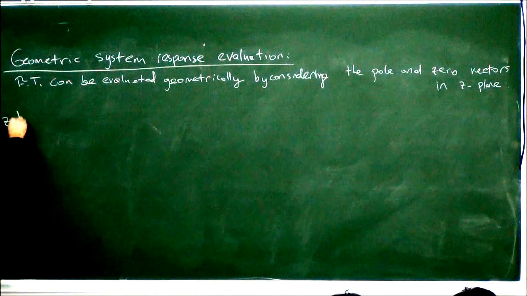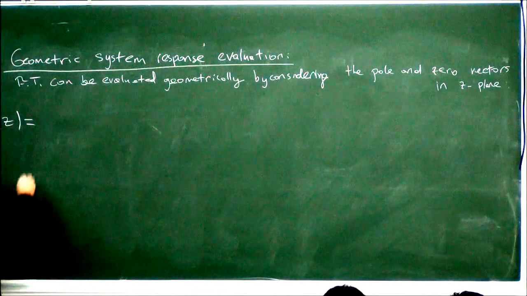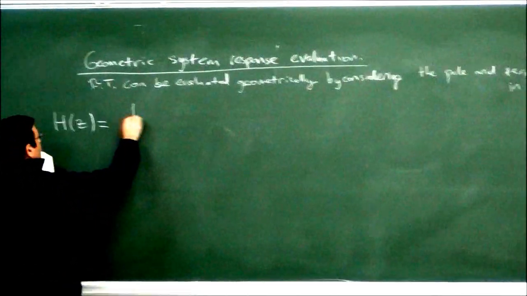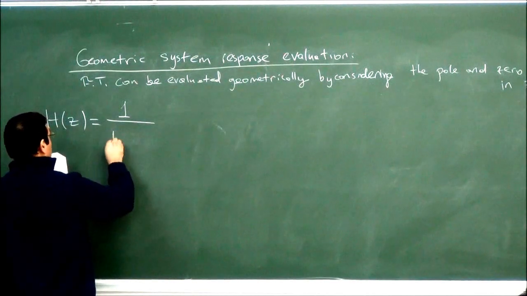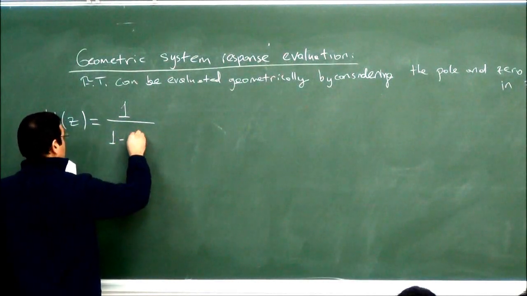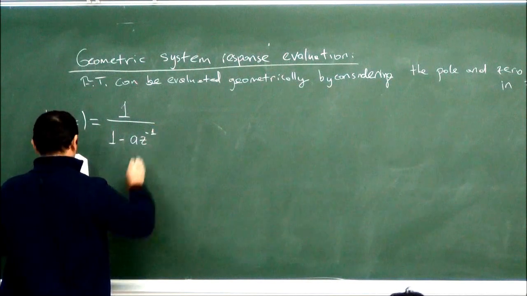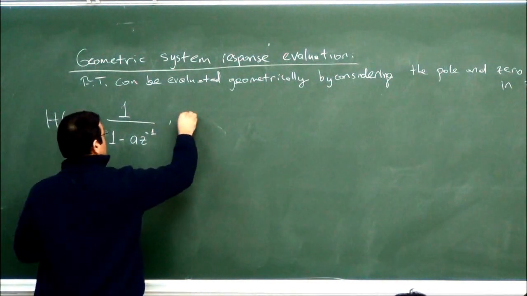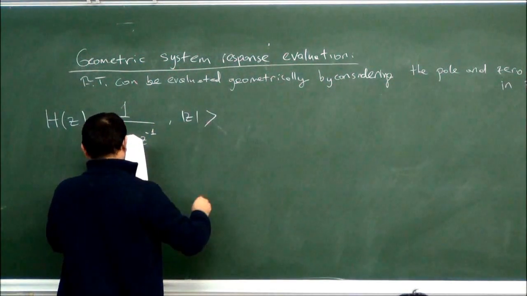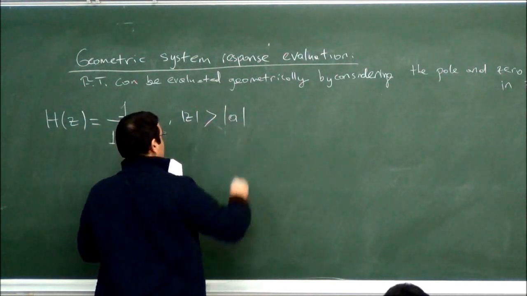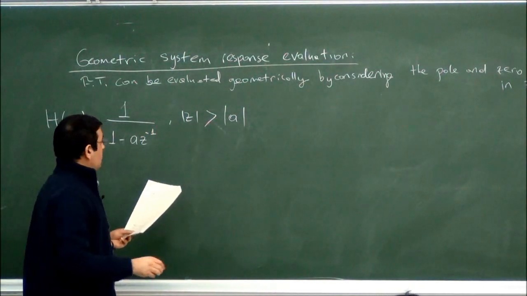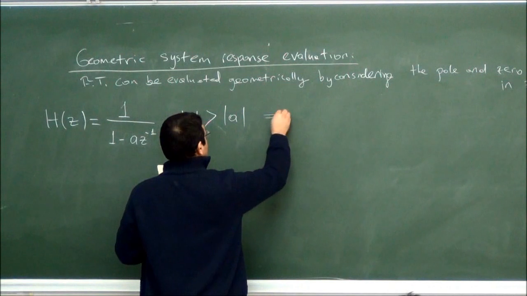So let's do an example. This is a first order system, 1 over z minus a, and this is the region of convergence. It tells us that this is a right side sequence.